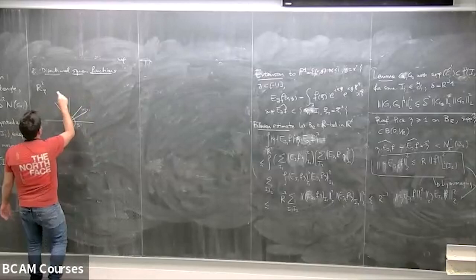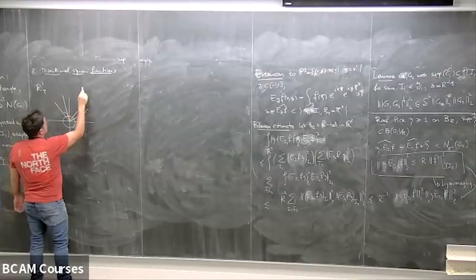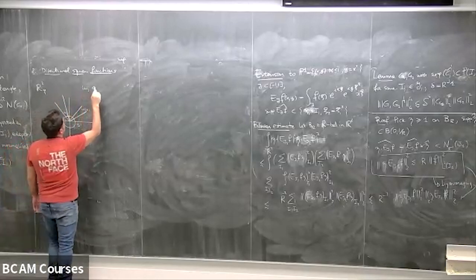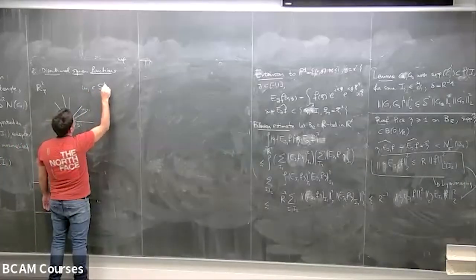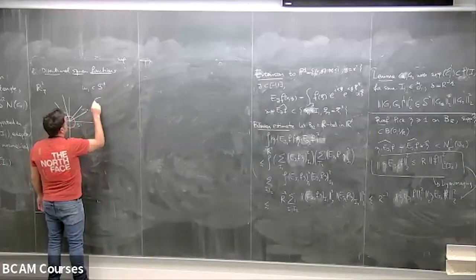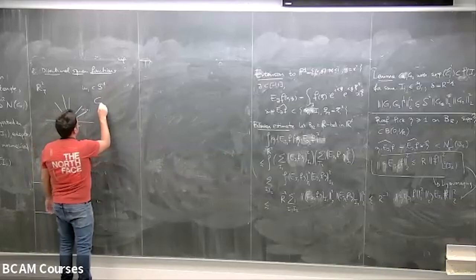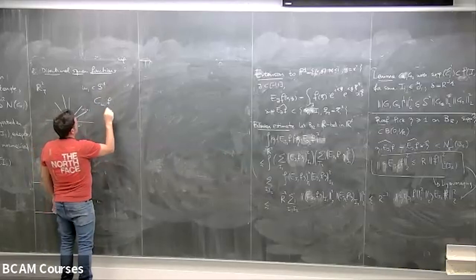Now suppose, let's say, that omega j is an interval in S1, and I'm going to define a conical multiplier in the following way.